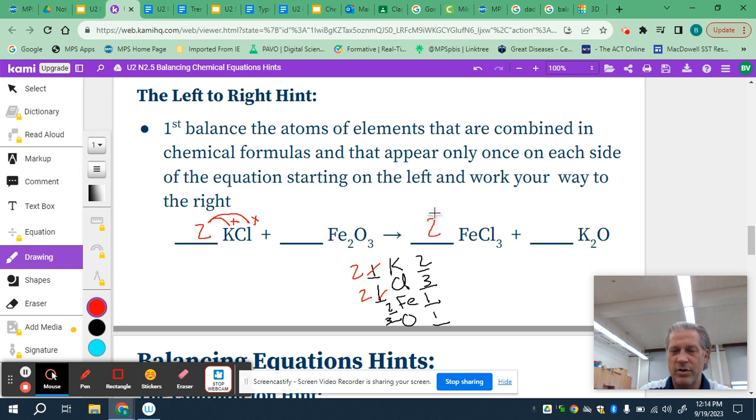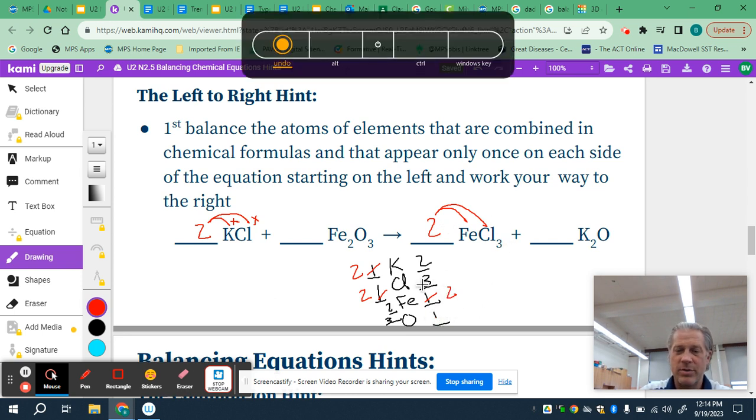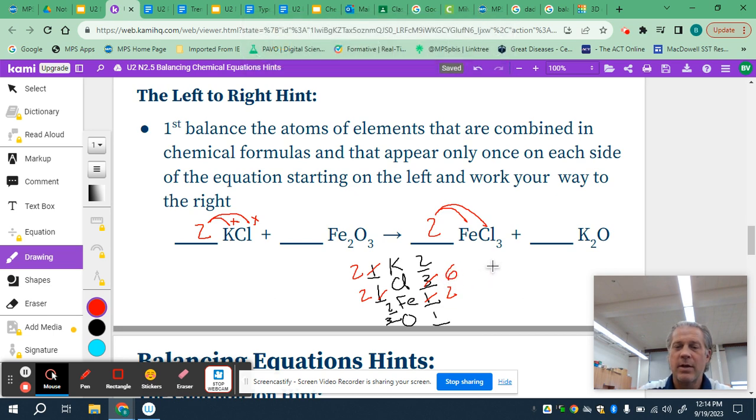So I'm going to put a coefficient of 2 here. This distributes, okay? And so I have 2 irons now, because 2 times 1, and 6 chlorines now, because 2 times 3 is 6. So now I have an even number of chlorines over here.